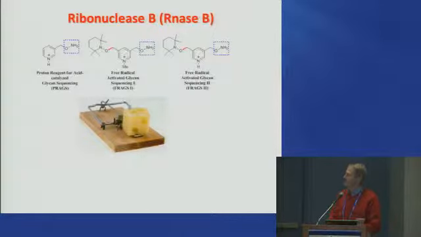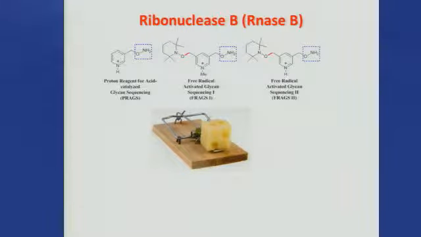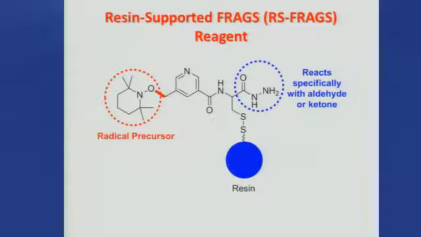So now, to use this in a practical sense, we've got our mousetrap here that can attach to and shred the glycans, but we need to be able to separate them out from a complex matrix, especially if you do cellular level glycomics. The way we do that is to use a disulfide linkage and then couple it through an additional functionality here to a resin bead.